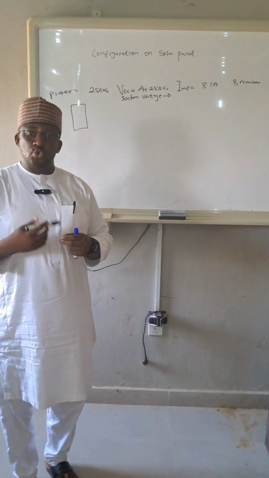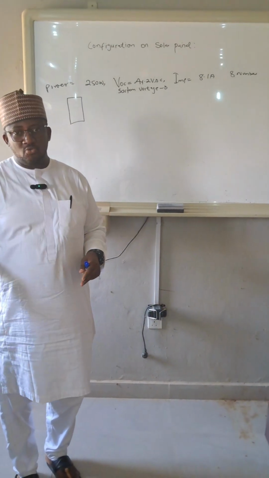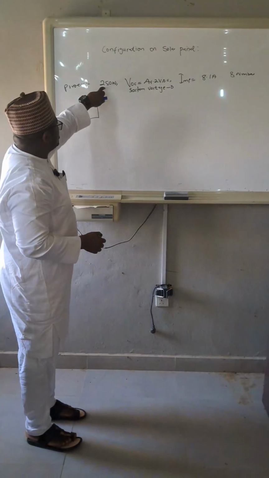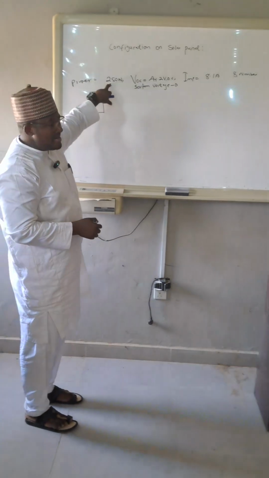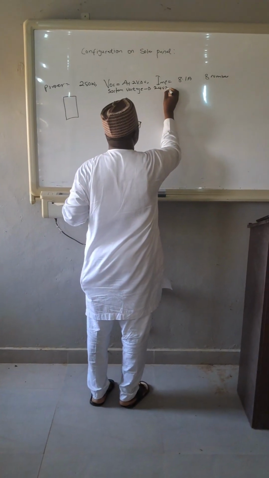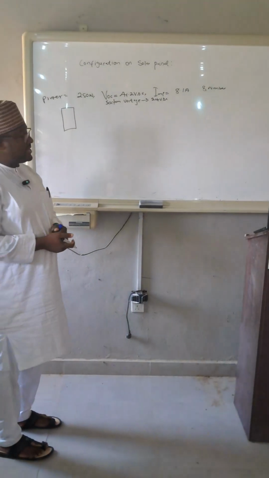But for 250 watt solar panel and above, up to 1000 watts, the system voltage is 24 volt. Since we have selected 250 watt panel here, our system voltage is going to be 24 volt. So now, how do you connect this solar panel?